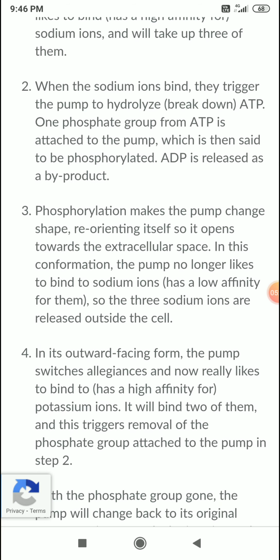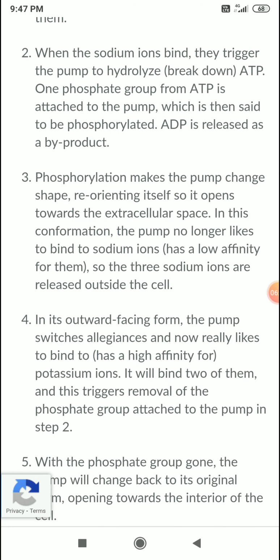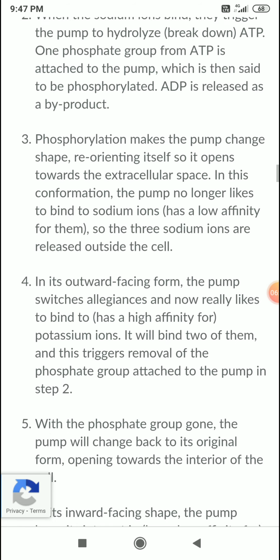In this outward facing form, the pump now has a high affinity for potassium ions. It will bind 2 of them, and this triggers removal of the phosphate group attached to the pump.